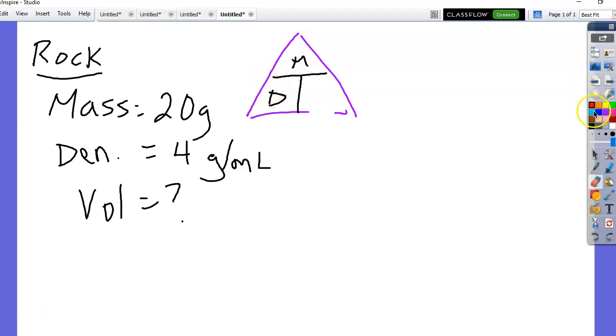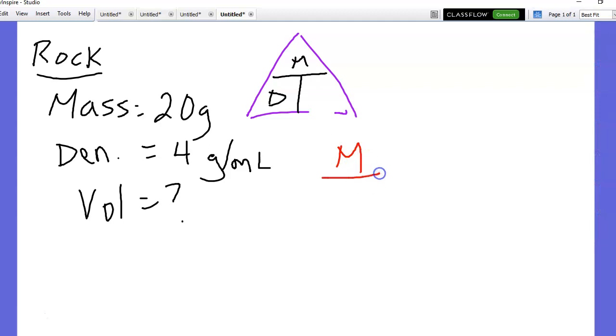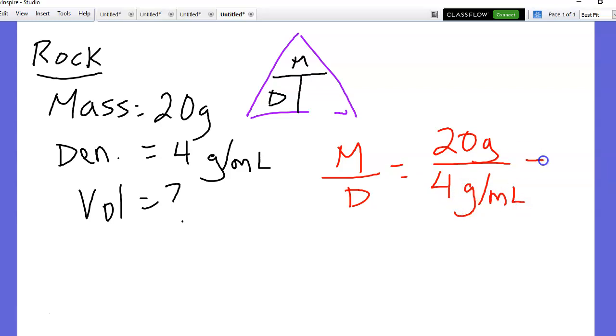M divided by D. So you take 20 grams, the unit of measurement for mass, divided by 4 grams per milliliter, and you would get 5 milliliters. You always have to have units. Why milliliters? Because think about math, and how things can cancel out. Grams cancel each other out and you're left with milliliters.